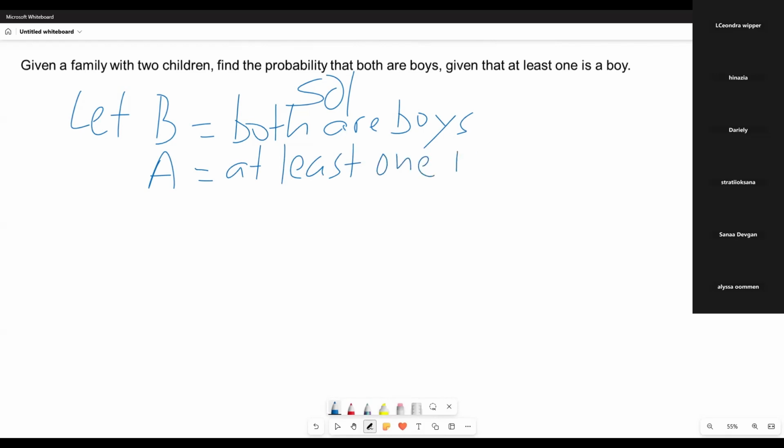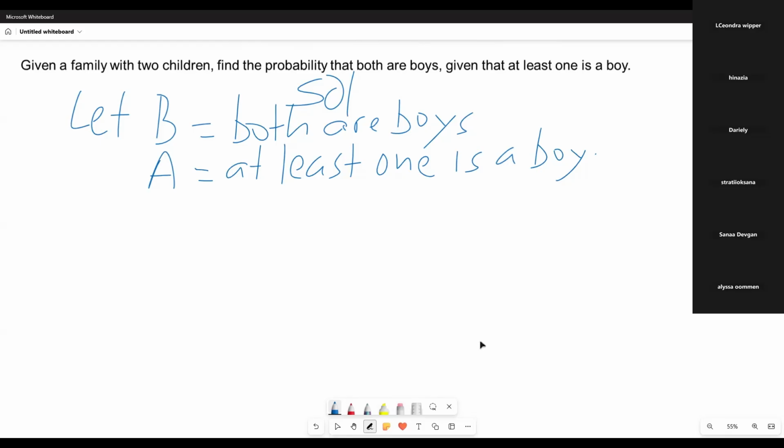I'm going to replace B with both are boys and A with at least one is a boy. Is that clear? Yes.